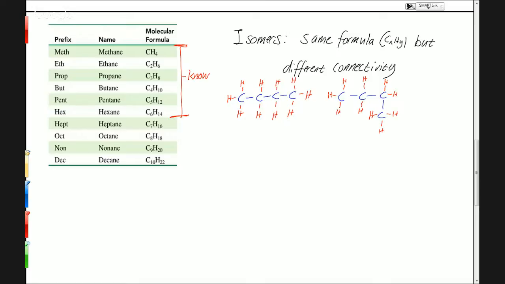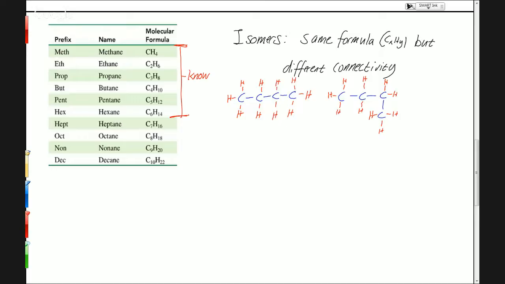The way we can answer it is with the models, until we get good at doing this in our head. If you try to make a model of the one on the right, it just means twisting this around a little bit, but you're not changing anything. Everything's still connected in the same way.